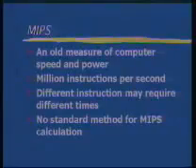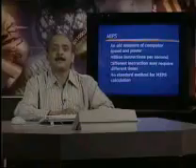The other processor terminology which you will be hearing in the market happens to be MIPS, which we call million instructions per second. It is an old measure of computer performance, and it basically measures the computer speed and power.